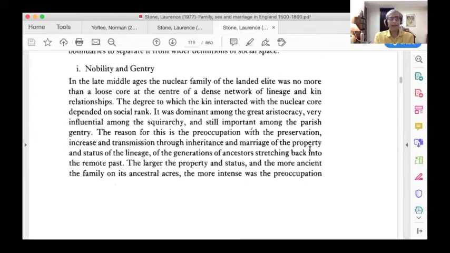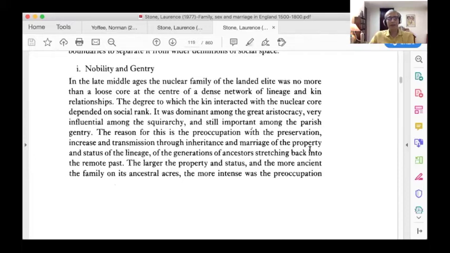In the late Middle Ages, the nuclear family of the landed elite was no more than a loose core at the center of a dense network of lineage and kin relationships. The degree to which kin interacted with the nuclear core depended on social rank. It was dominant among the great aristocracy, very influential among the squirarchy, and still more important among the parish gentry. So even among the nobility and the gentry, you have these gradations or hierarchies.